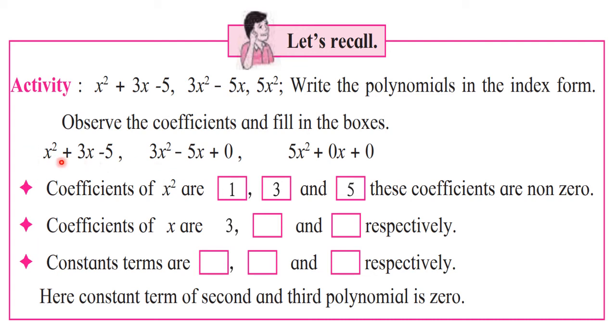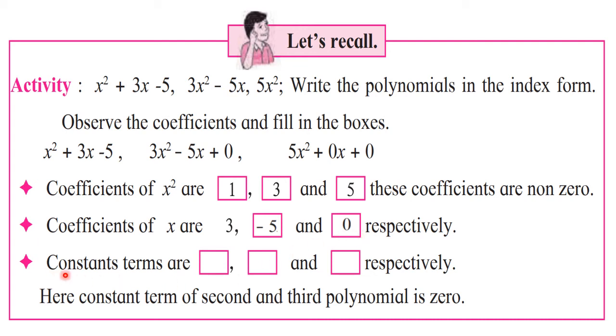Now the second one, the coefficients of x. The first is 3, the second is minus 5. Don't write only 5, write minus 5, along with the sign. And in the third you can find that the coefficient is 0. So the coefficients of x are 3, minus 5 and 0 respectively.